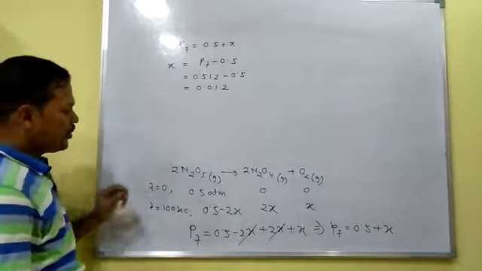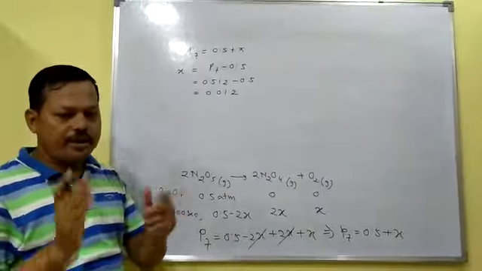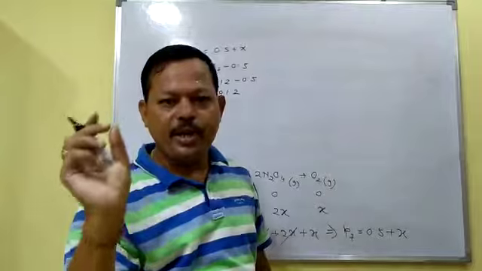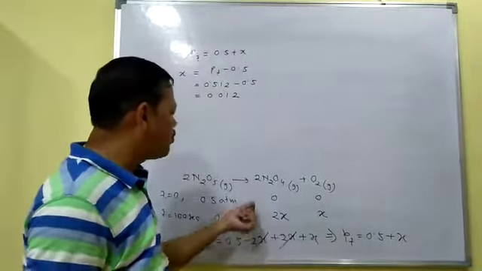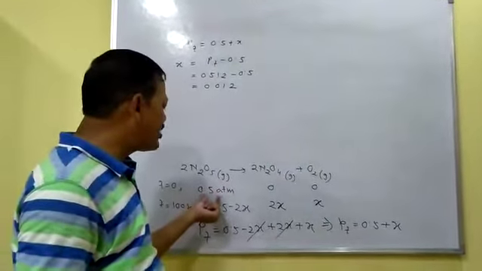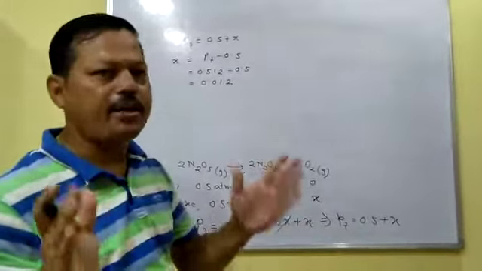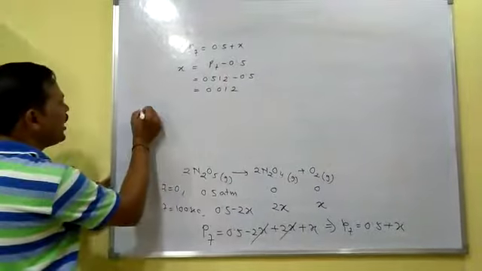Now to determine the rate constant, K is equal to 2.303 divided by T, log of initial pressure divided by present pressure. Initial pressure we know, in the table it is 0.5 atmosphere. Now we have to find the present pressure at time 100 seconds.